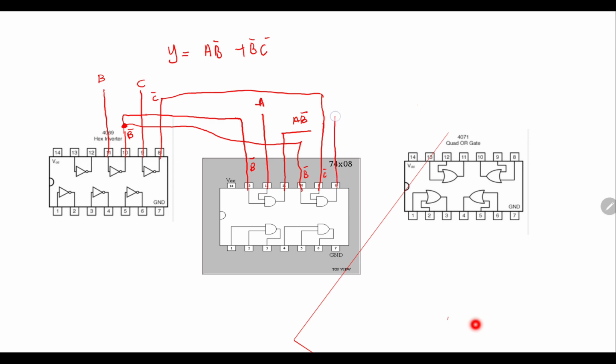So the output over here is B bar C bar. These two will go to the operation of plus, so you get A B bar plus B bar C bar. This is the output Y.